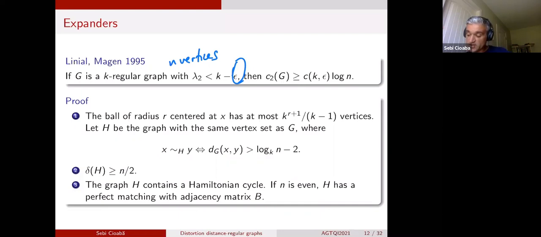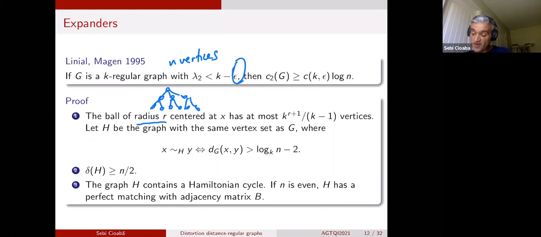The graph is k-regular, so you can count. You have an obvious upper bound on the number of vertices in a ball of radius r, because it's the number of vertices in a k-regular tree with that height. This is not optimized, but you get this upper bound of roughly k to the r.